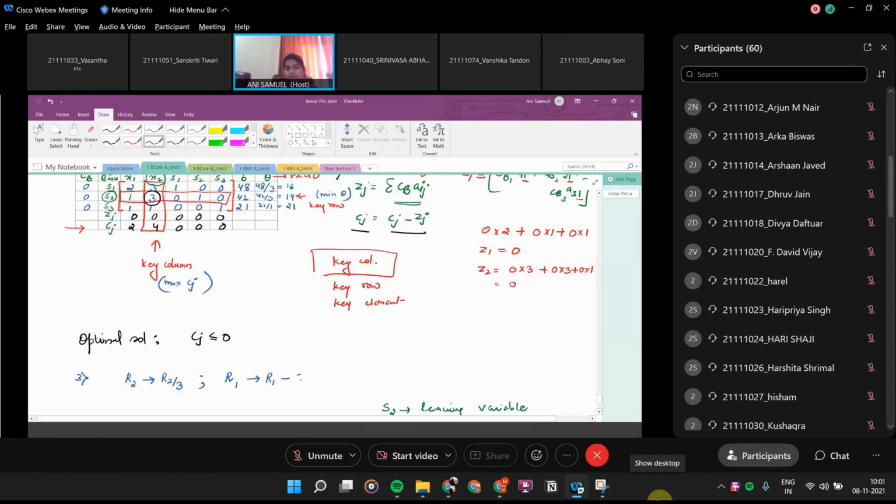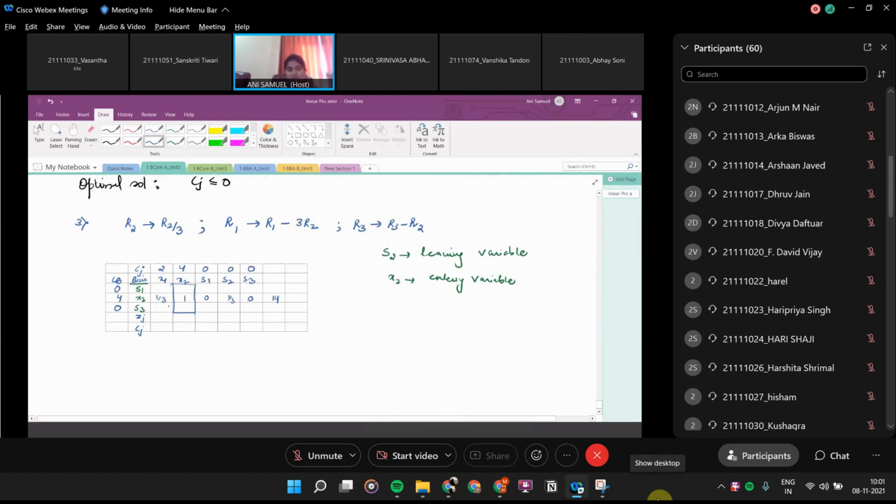And your R3 will transform to R3 minus R2, sorry. I'll be using this row. I cannot make the table again and again. That is why I am writing all the transformations all together. So first step is making your key element as 1. After making the key element as 1, you have to make the transformations such that these values are zeros.